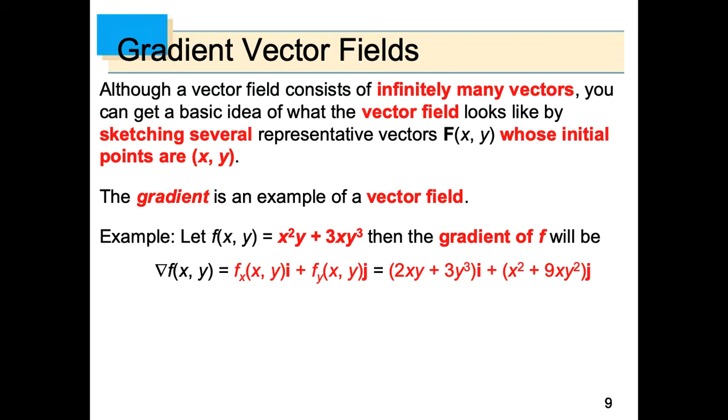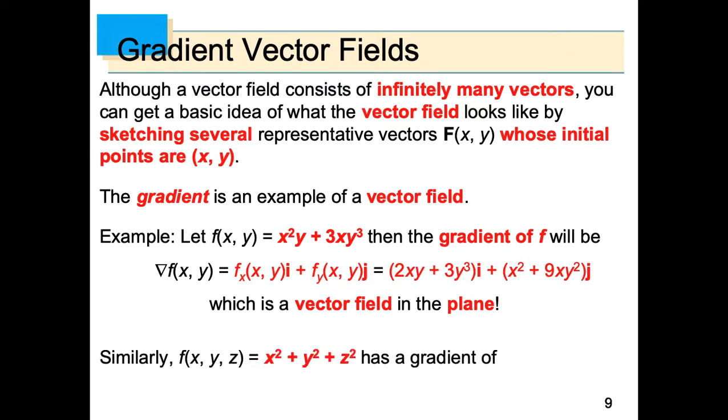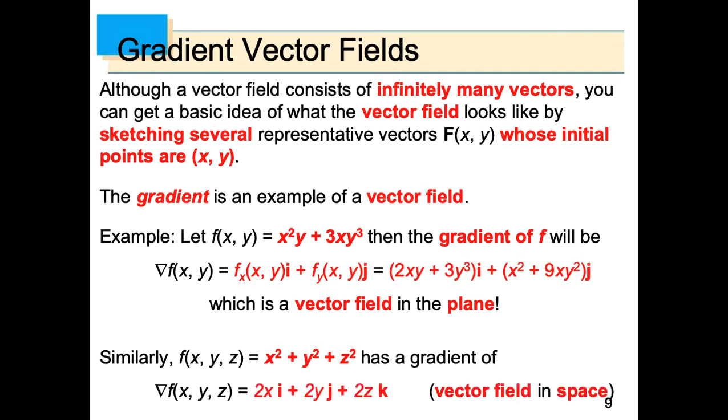So what's new is that even though you know how to compute the gradient, what you didn't know is that all along, the gradient is also a vector field in the plane. In similar fashion, we can extend this to three variables and beyond. For example, the gradient, or the vector field I should say, for x squared plus y squared plus z squared is 2xi plus 2yj plus 2zk.